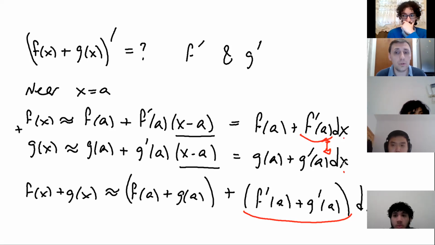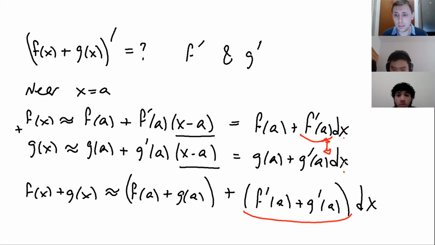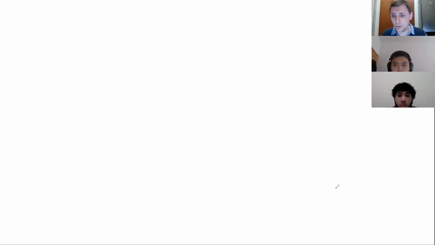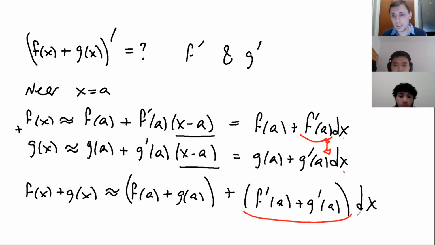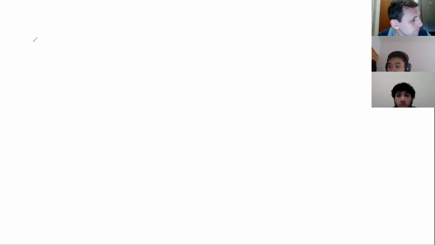Now, could you help me do the multiplication? We did it already before, but let's do it together, guys. So you tell me what to write. Suppose the same setup. I don't need to write it, right, guys? Same setup. Now I want you to tell me what you would do when you want to figure out f of x times g of x.